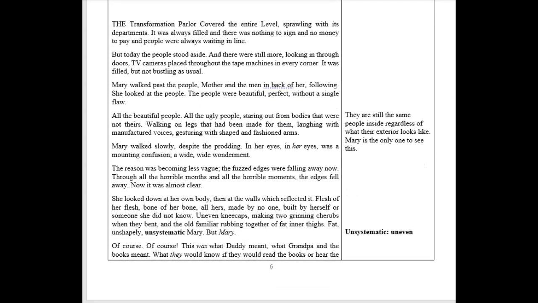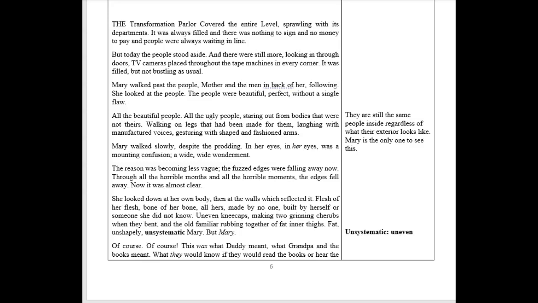The transformation parlor covered the entire level, sprawling with its departments. It was always filled, and there was nothing to sign, and no money to pay, and the people were always waiting in line. But today the people stood outside, and there were still more looking in through doors, TV cameras placed throughout and tape machines in every corner. It was filled, but not bustling as usual.